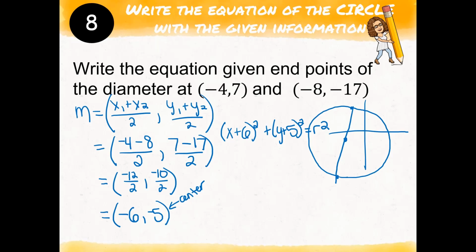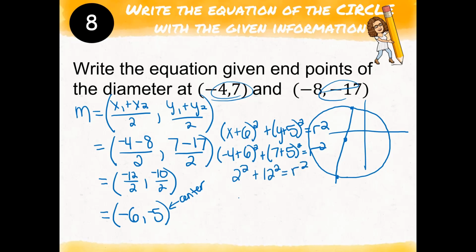But I have two ordered pairs. So I can pick either of these two ordered pairs they gave me and plug that in for x and y. Now, Marsh is going to be a chicken. She's not going to plug in the right-hand one. She's going to plug in the left because I don't want to mess with negative 17. That seems like a big number. So I'm going to plug in negative 4 plus 6 squared, 7 plus 5 squared is equal to r squared. 2 squared plus 12 squared is equal to r squared.